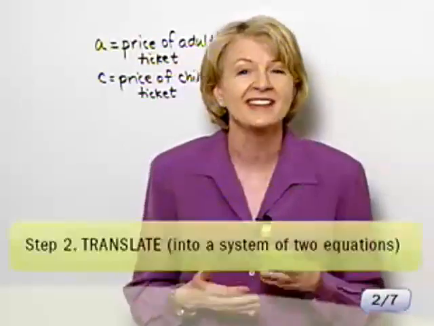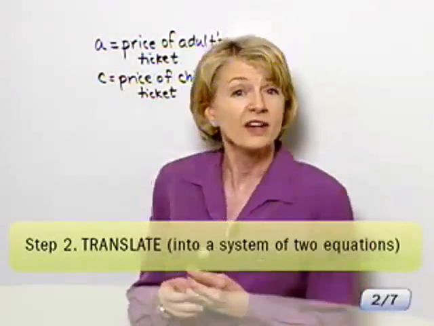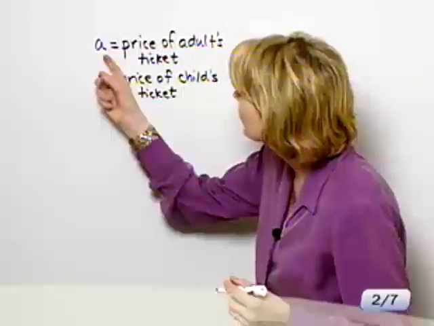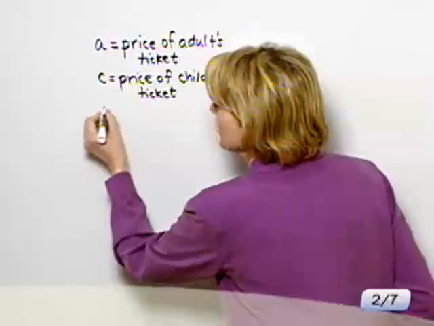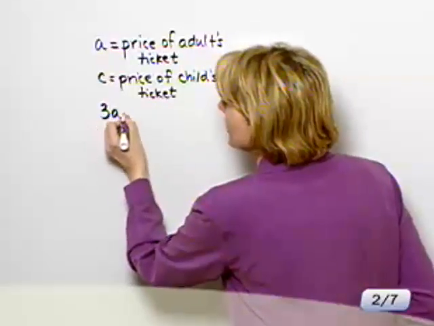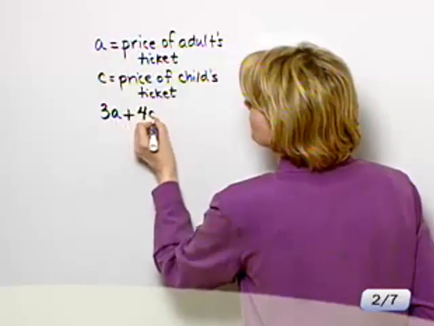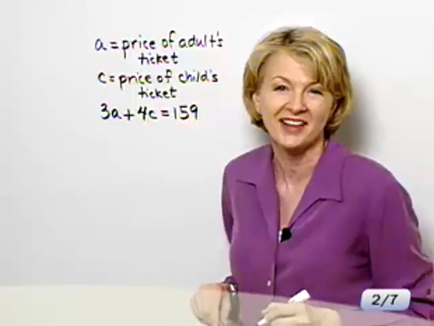How can we translate that information to an equation? Well, what is the price of 3 adult tickets? If an adult ticket costs A, the price of 3 adult tickets is 3A. And the price of 4 children's tickets costs 4C. And that is $159, that total price.